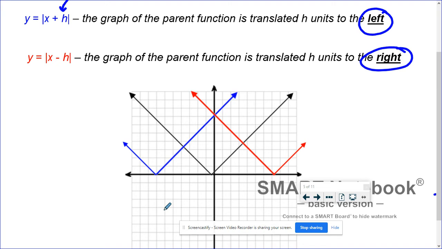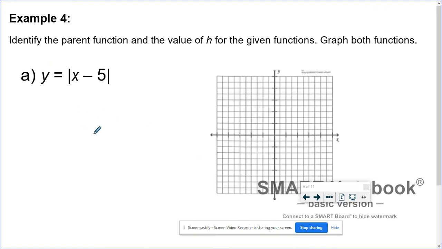Let's take a look at an example with actual numbers now. So the parent function here is y equals absolute value of x. So you're getting rid of anything that's adding or subtracting, whether it's inside or outside. So the minus 5 there, we'll deal with in a second, but let's plot the parent function first.